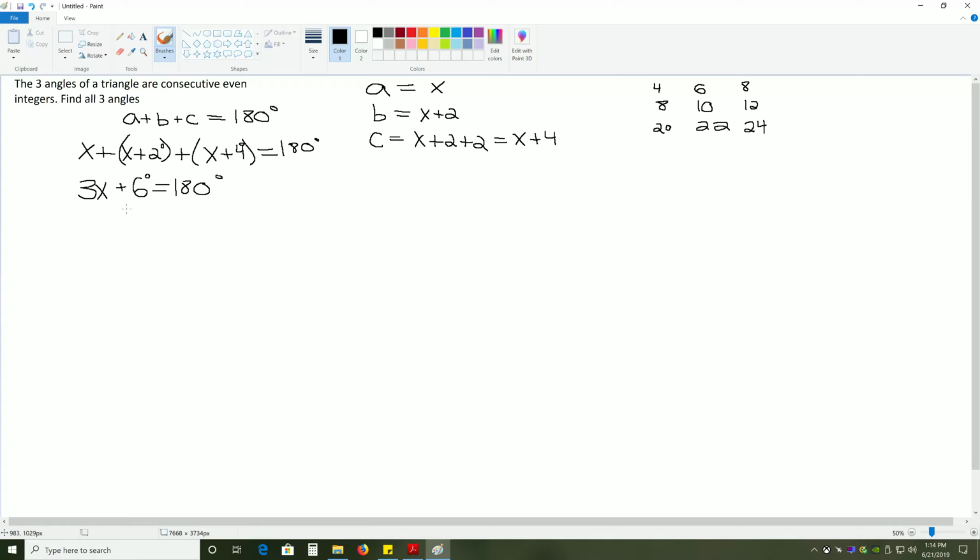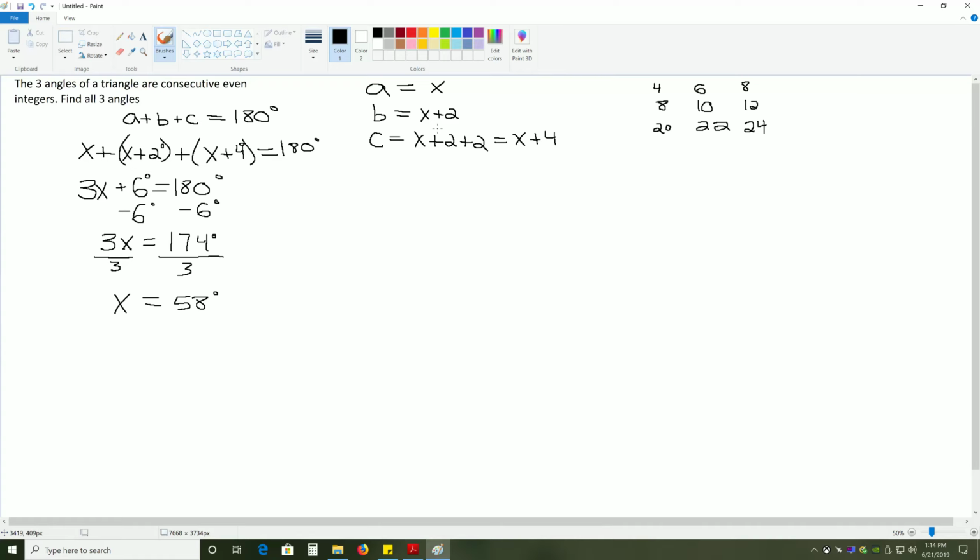So we'll subtract the 6 degrees from each side to get our x alone. That gives us 3x equals 174 degrees. And now if we divide each side by 3, we will get x equals 58 degrees.